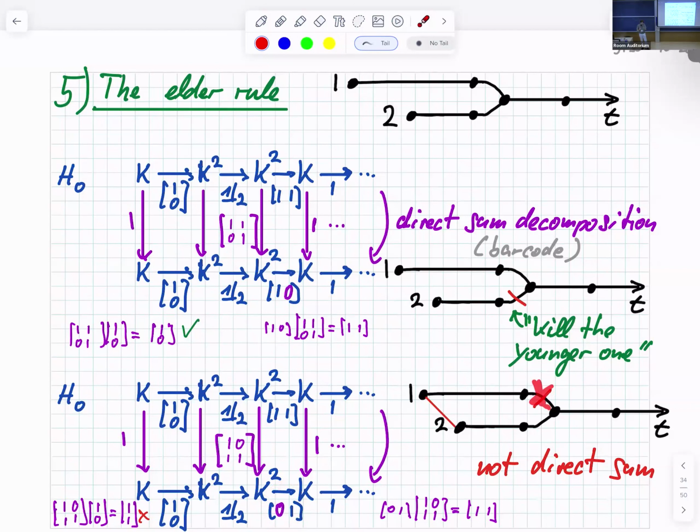And that kind of finishes really this part. We were discussing the barcode and the elder rule, so we understand really why we need to apply this rule. And the one parameter case is now done. Thank you very much, finished.